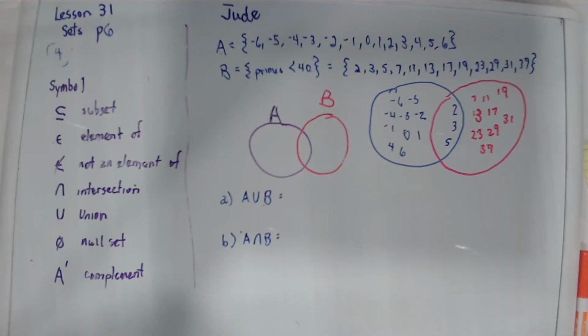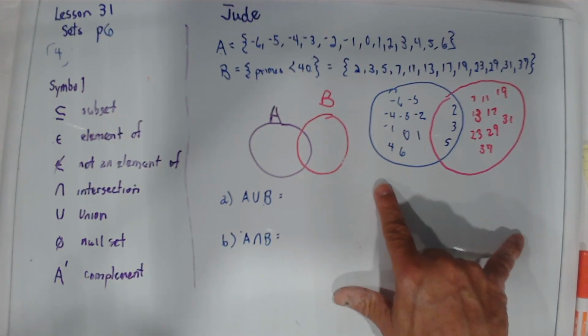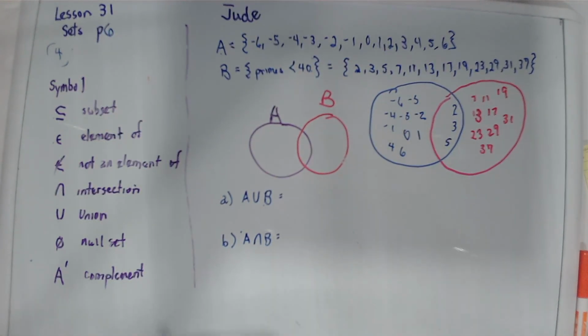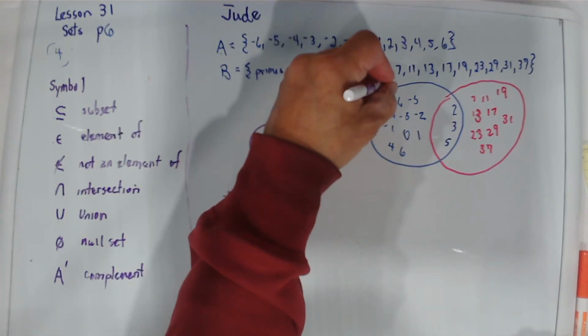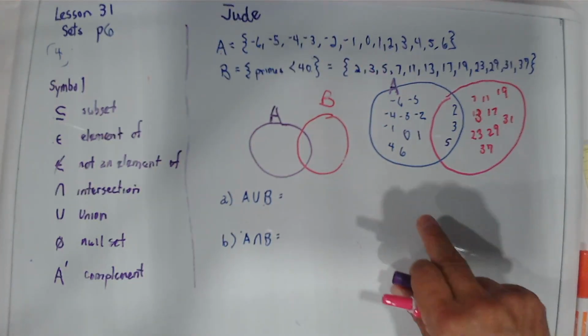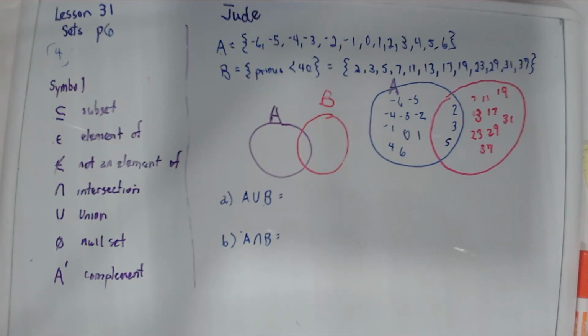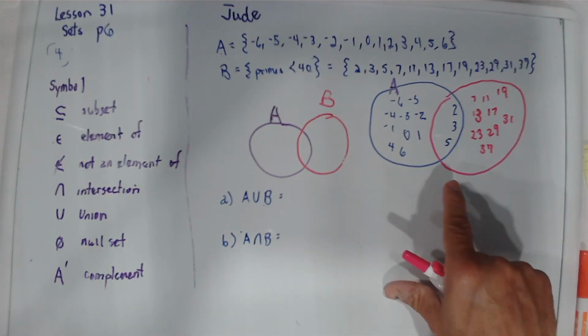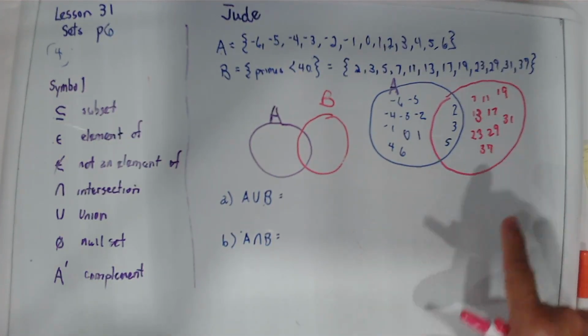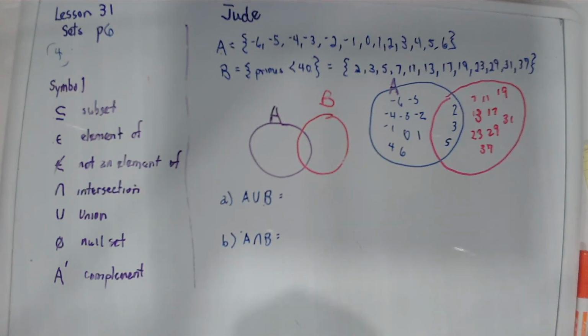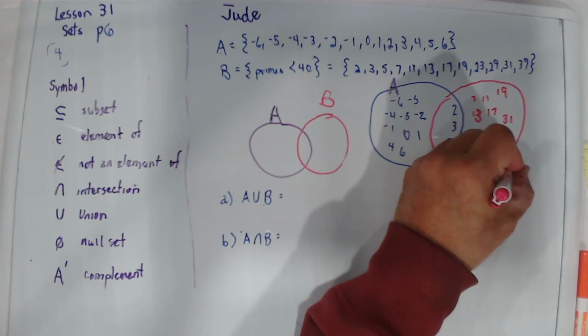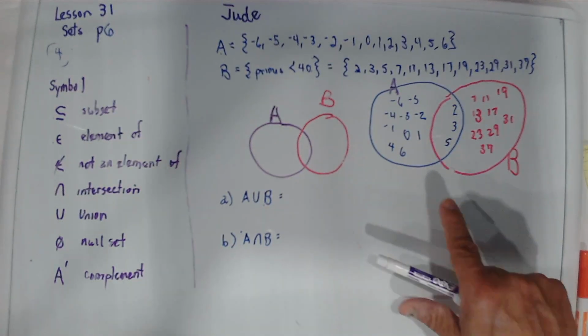Okay, so what I've done is I've drawn out the set, and you can see the set A. I've drawn out with all the elements here, and you'll see all of them are in here, and the common ones between A and B, because this guy is set B, are right in here.